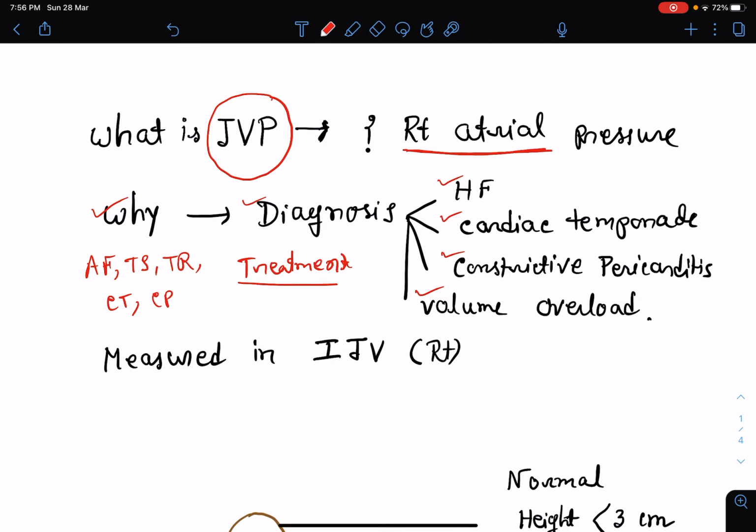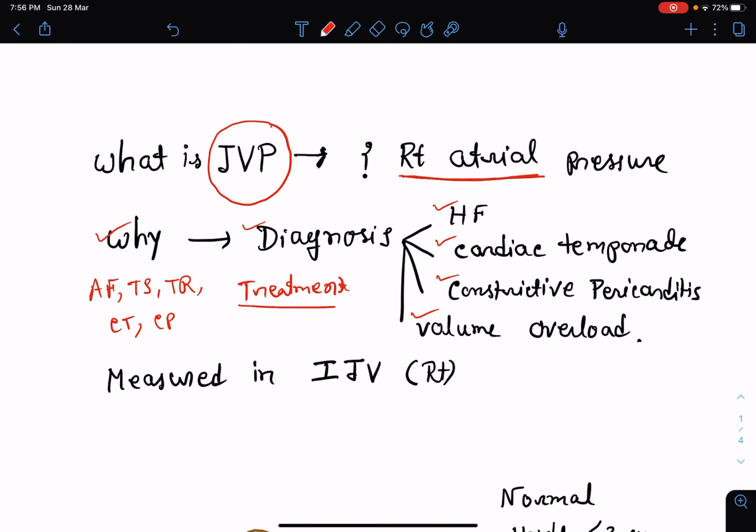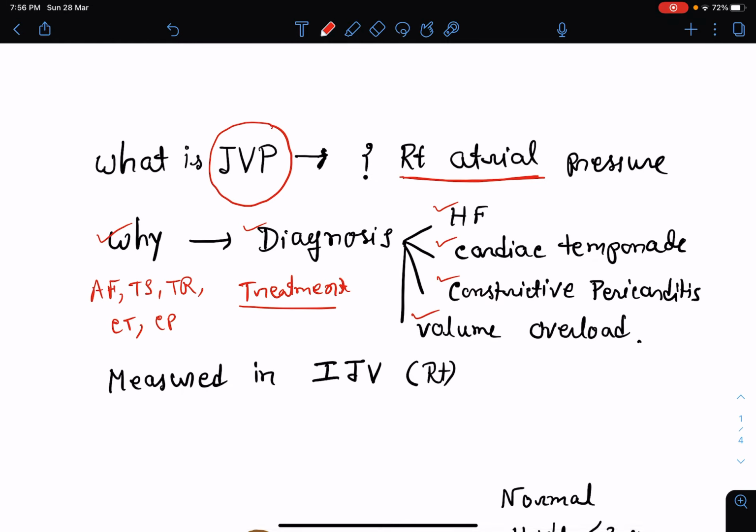These things we can diagnose from the abnormalities of the various waveforms in the JVP. Now, from a treatment point of view also it is very important, because if we are treating a patient of, for example, heart failure, then with the success of the treatment the JVP will come down.